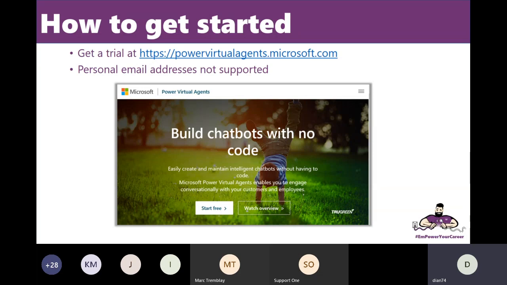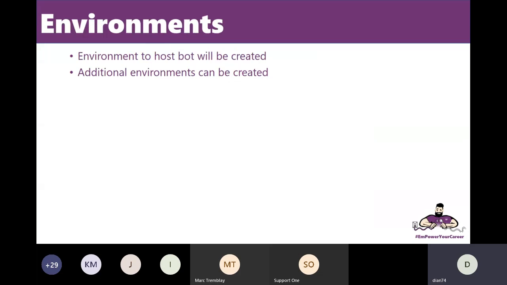After this session, you're going to be able to build your own chatbot and build those topics directly after this session. So definitely make sure that you sign up for that, so you can play around with it a little bit. You obviously have to have a work email address. A personal email address doesn't work, but like I said, try to see if you can play around with that.